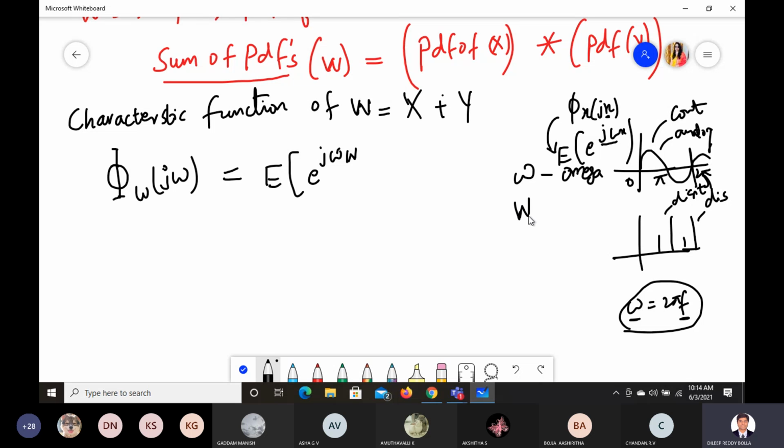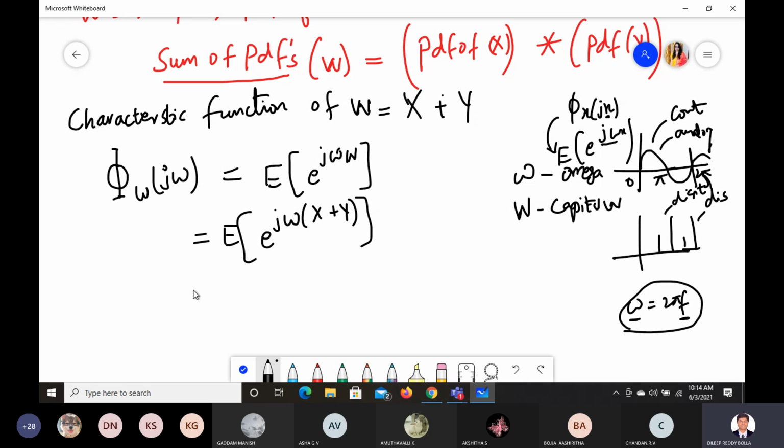Now replace W: we get the expectation of e power j omega into X plus Y.